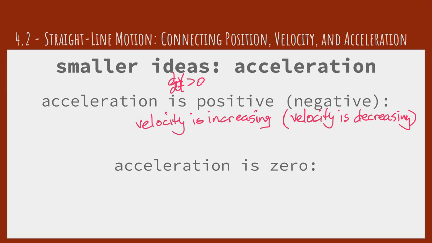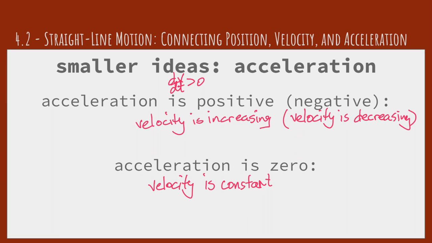If the acceleration is 0, that means that the velocity is not changing. So we could say velocity is constant. Now, again, like when the velocity was 0, this might just happen for an instant. You're accelerating, going faster and faster, and then you stop accelerating and start decelerating, which is just negative acceleration.